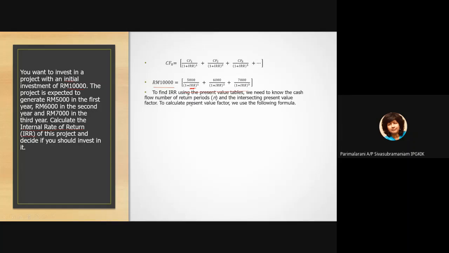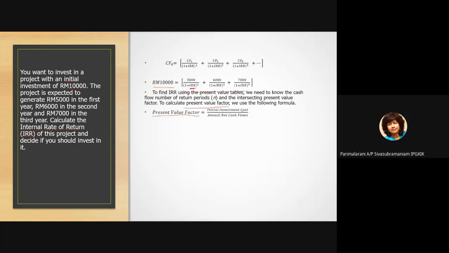To find IRR using the present value tables, we need to know the number of return periods N. Here, our N is 3, and the intersecting present value factor. So now we have to calculate the present value factor using the formula just now. F equals I over C. We want to calculate this present value factor. I is the initial investment cost.